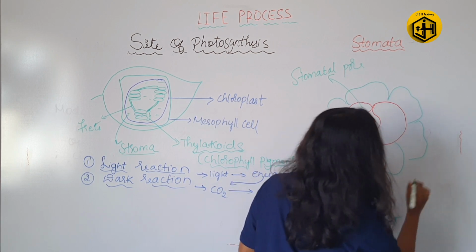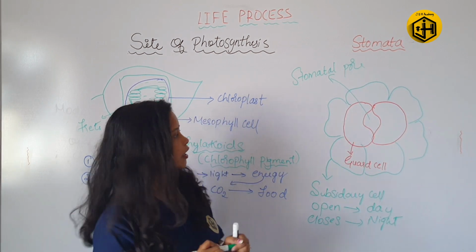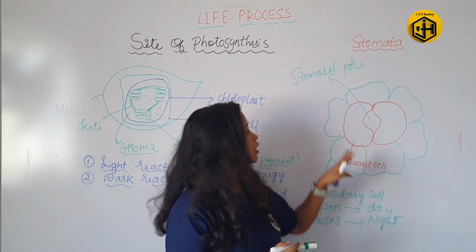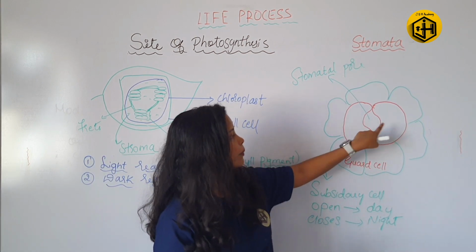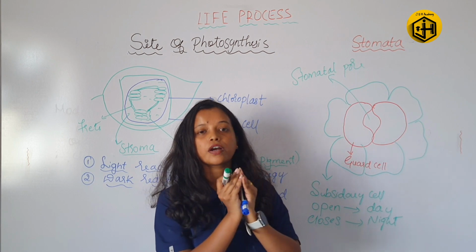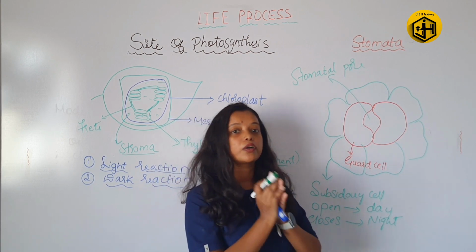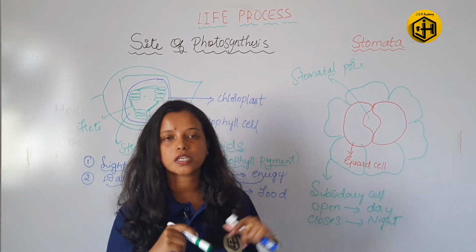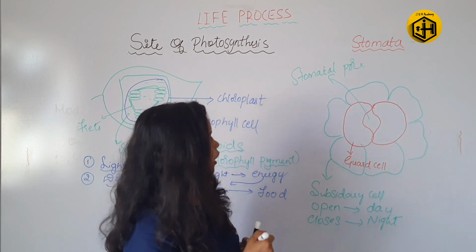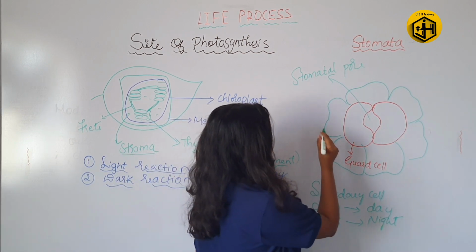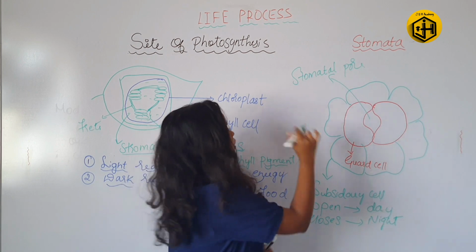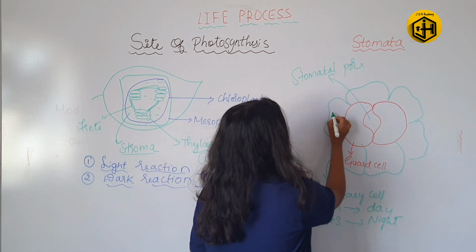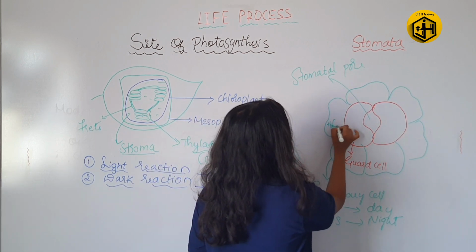So how will it open and how will it close? The stomata will open and close with the help of guard cells. Guard cells regulate the opening and closing of the stomata. See what happens during daytime: there will be lots of water in the subsidiary cells.